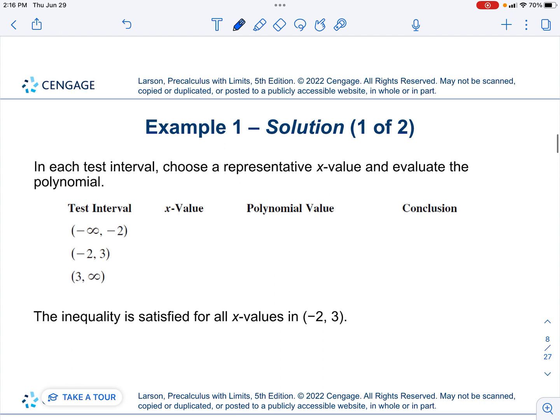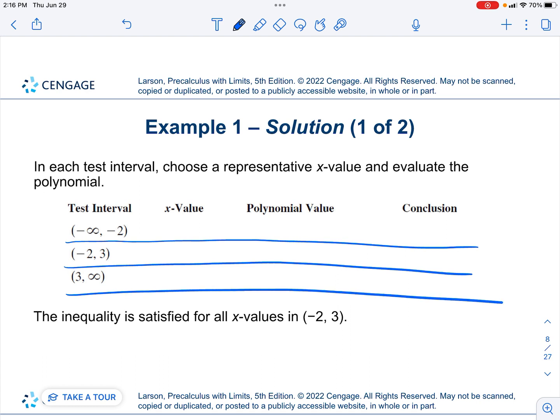I took negative infinity to my lower one, my lower to my upper one, and then upper to infinity. So I have negative infinity to negative 2, negative 2 to 3, and 3 to infinity, and then I need to pick x values in those intervals. I'm going to pick ones that come easy to my head: negative 3, 0, and 4.